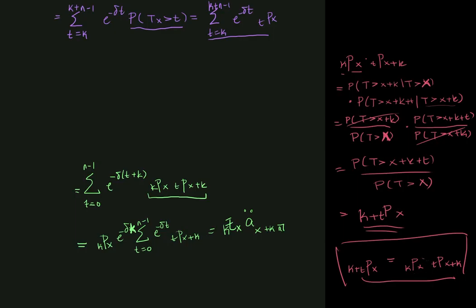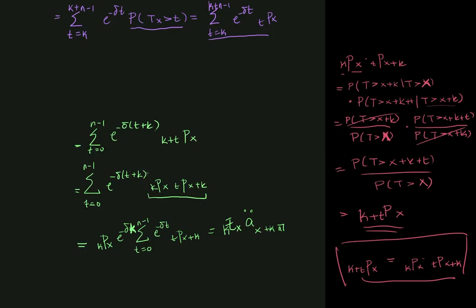So what we arrived at now is that we have a new expression for this product. And this new expression is given as, let's see, k plus t px, right?